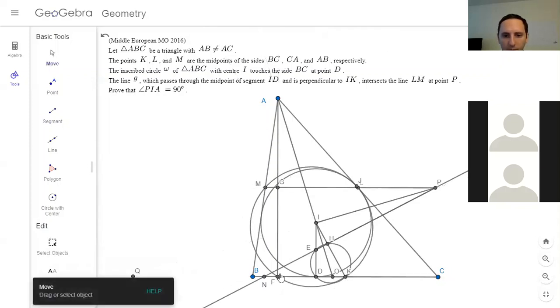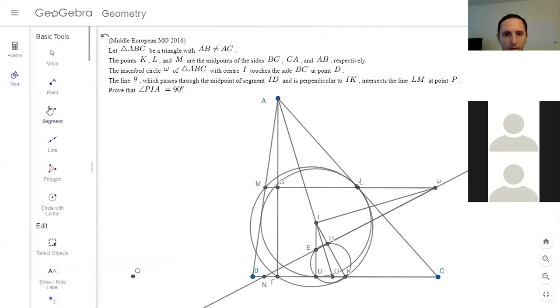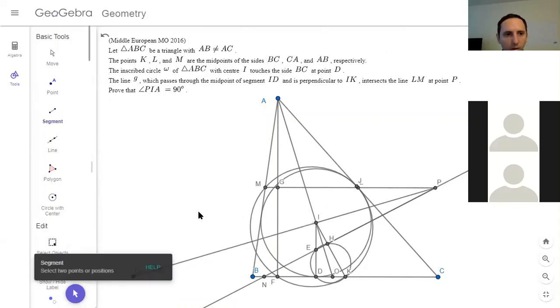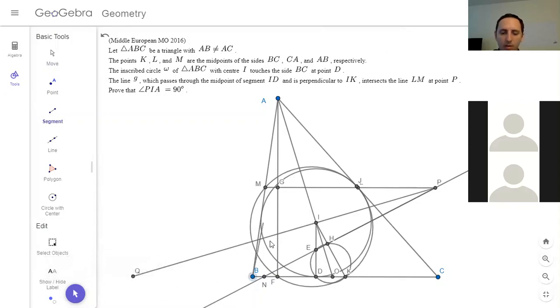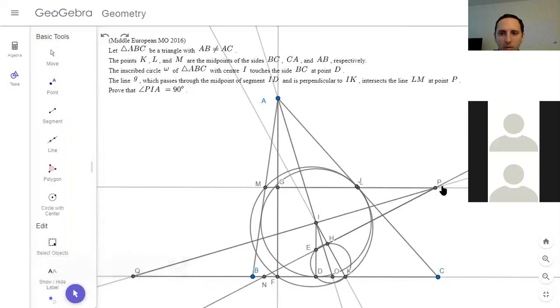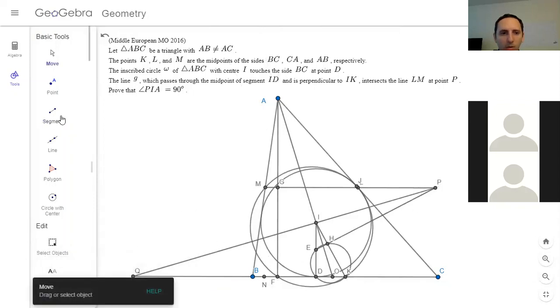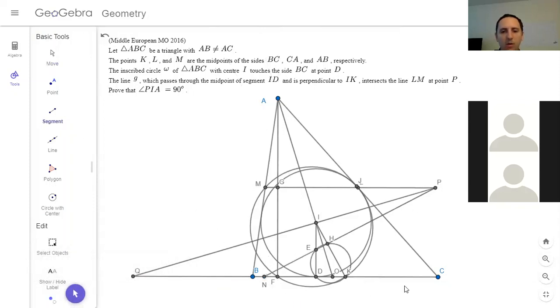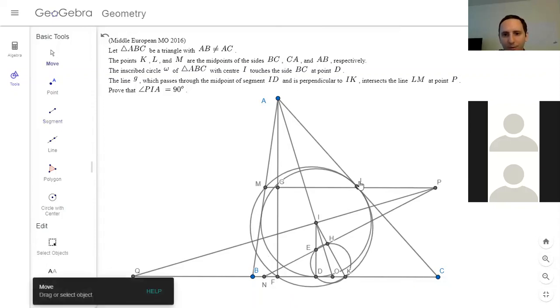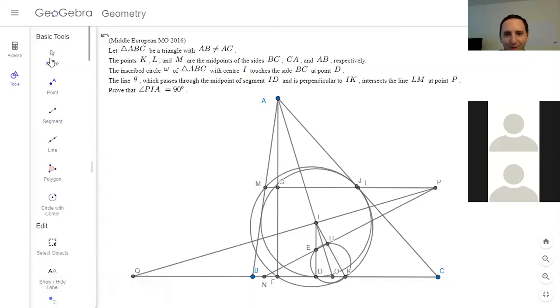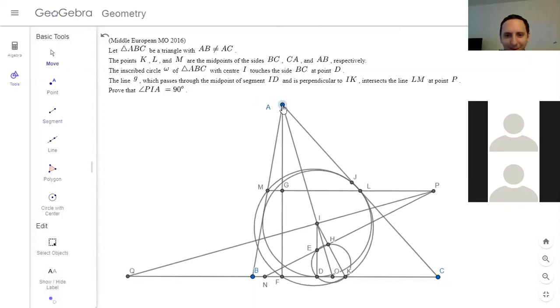Oh, I don't know if I need point N. Maybe it's useful. Well, the Feuerbach point is getting close to the midpoint in this diagram.